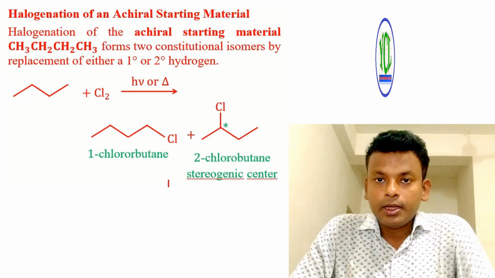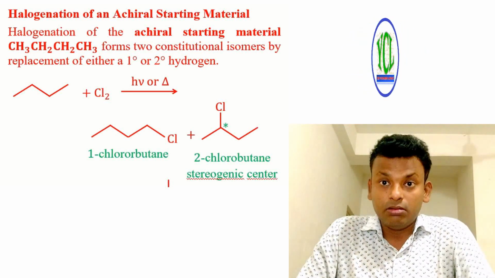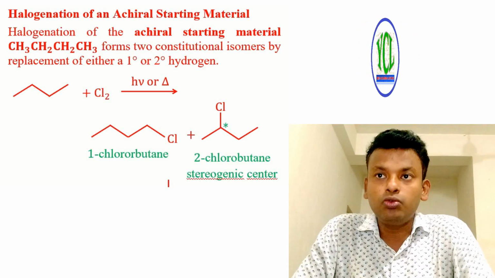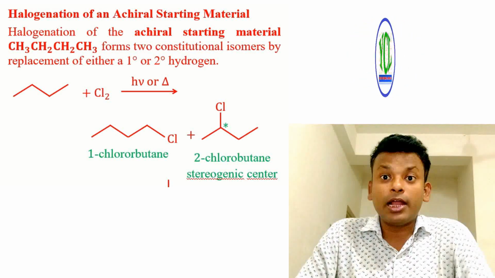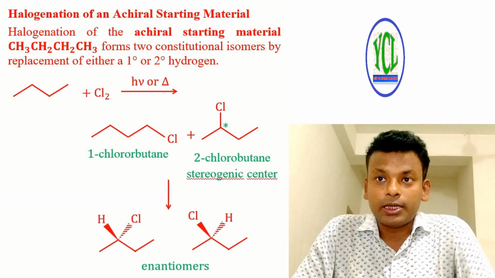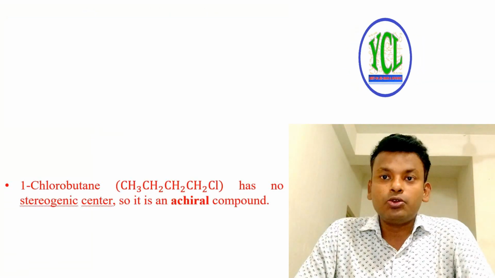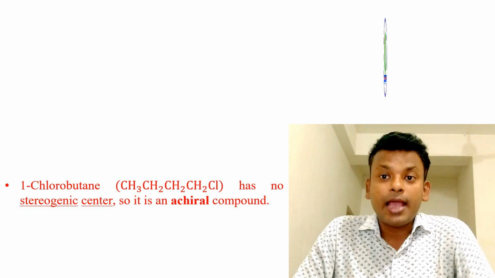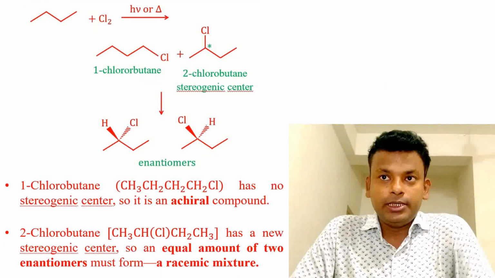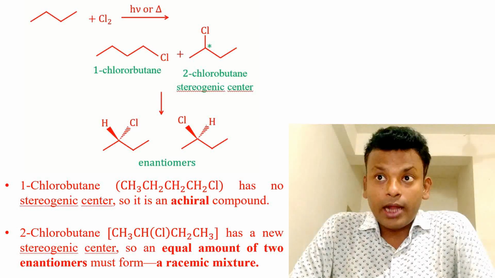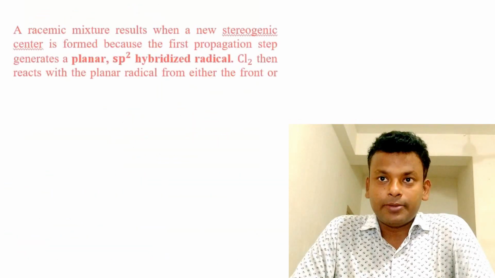Butane reacts with Cl2 in the presence of light and heat to form 1-chlorobutane and 2-chlorobutane. 2-Chlorobutane has a stereogenic center, forming two isomers, that is the enantiomers. 1-Chlorobutane has no stereogenic center, so it is an achiral compound. 2-Chlorobutane has a new stereogenic center, so equal amounts of the 2 enantiomers must form a racemic mixture.